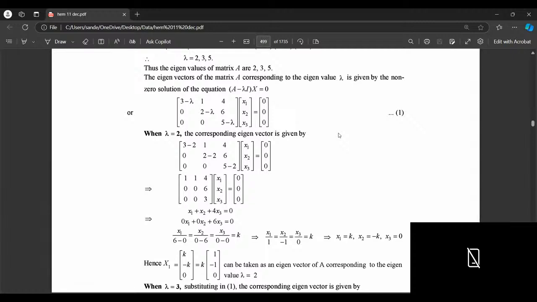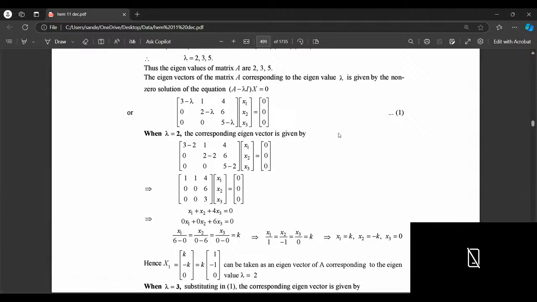If we use Cramer's rule for x1, x2, x3, you can see here that x1 is 1, x2 is minus 1, x3 is 0.